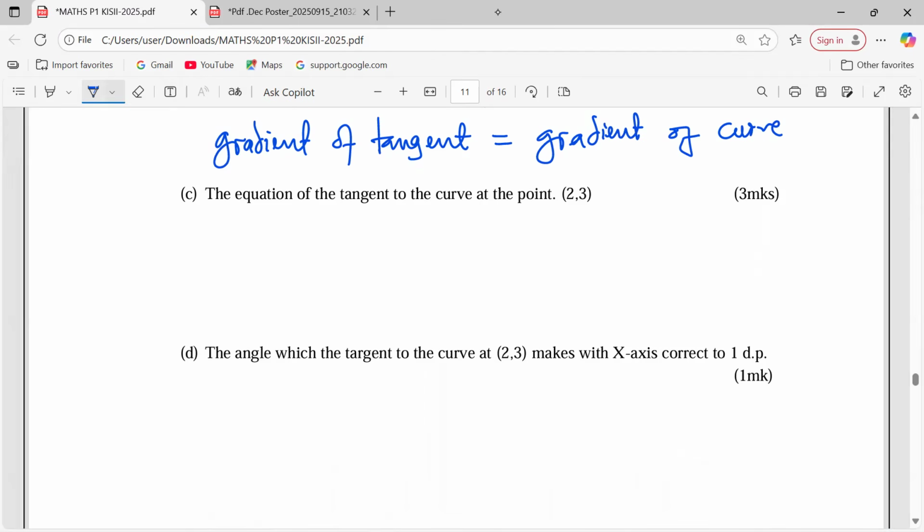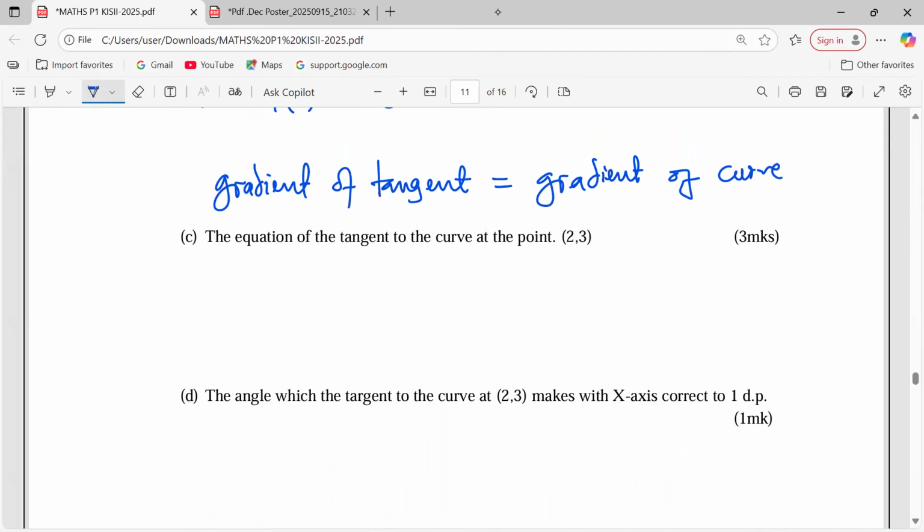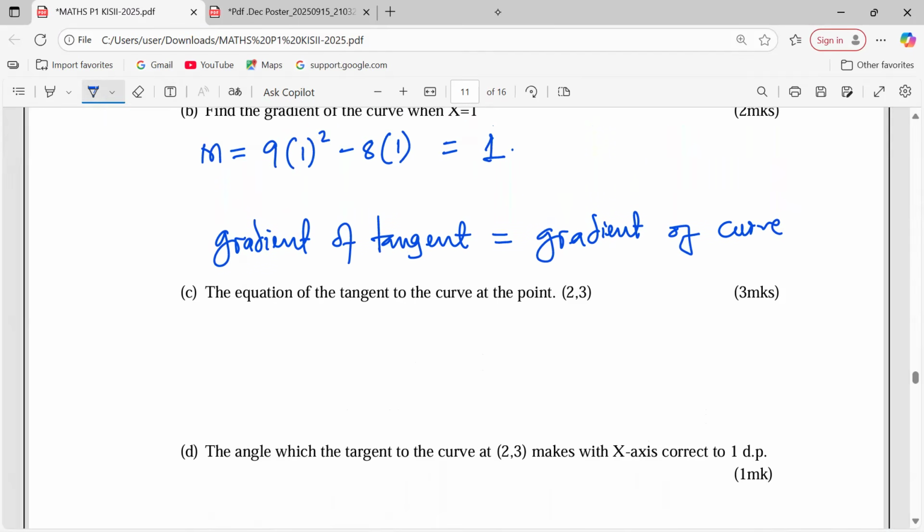Therefore, following the same gradient function, we can first of all find the gradient of this tangent. So when x is 2, what will be the gradient? This will be 9 times 2 squared minus 8 times 2, giving us exactly 20.